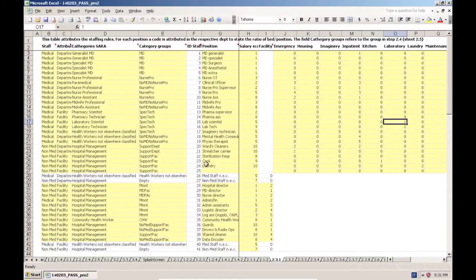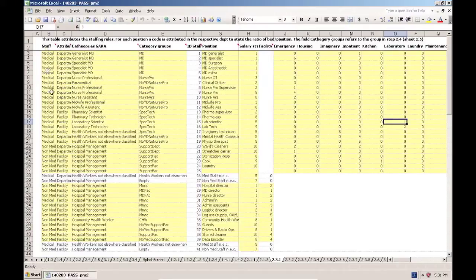So what you have here is that these positions have been listed here, and they have some kind of codes.